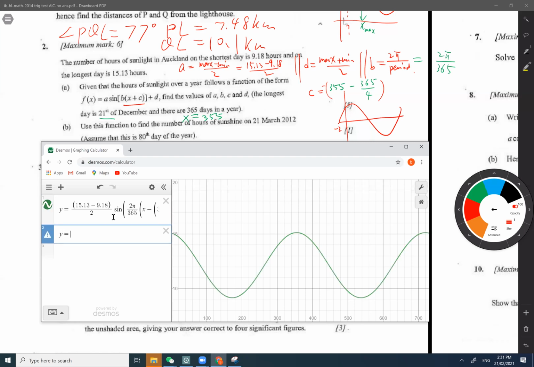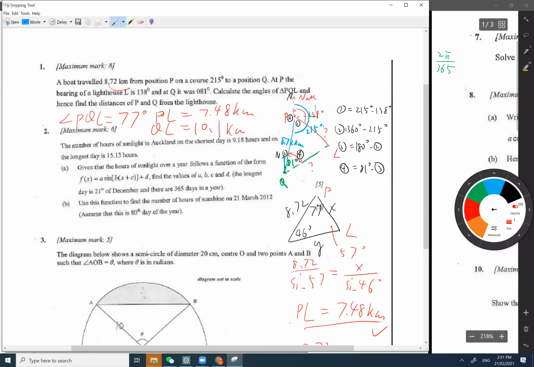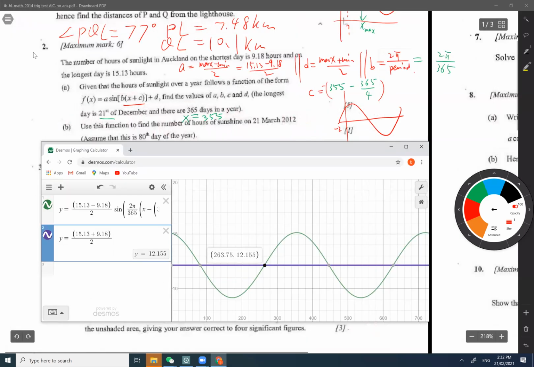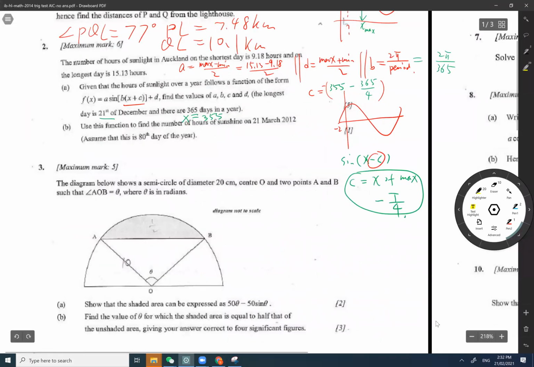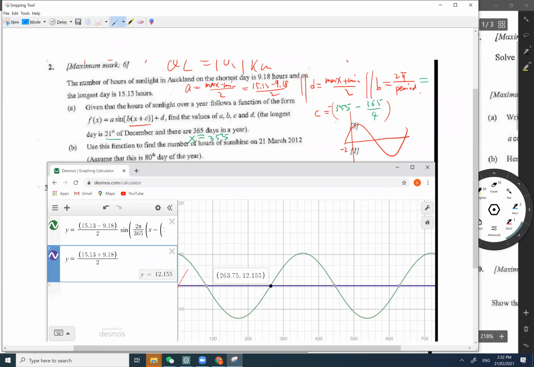Y equals the maximum, 15.13, plus 9.18, divided by 2. Here, this point. For trig, normally sine starts from the equilibrium.